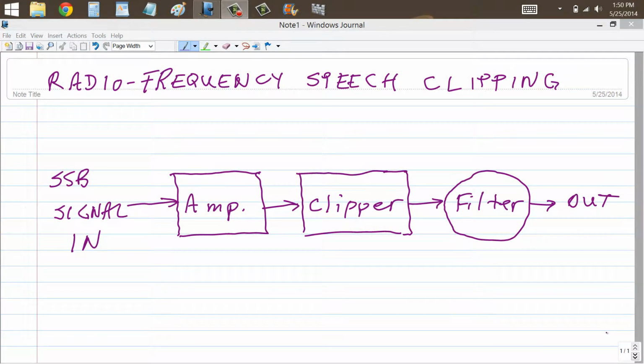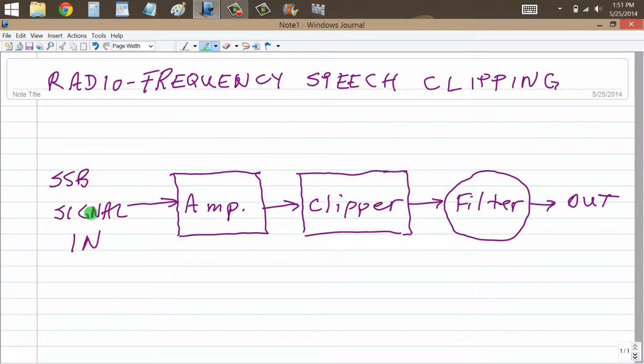Stan Gibilisco here to talk about radio frequency speech clipping as a method of improving the intelligibility of a single sideband voice signal, particularly applicable to amateur radio communications, but also to some extent in other services that take advantage of single sideband.